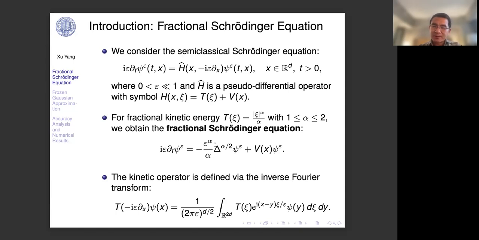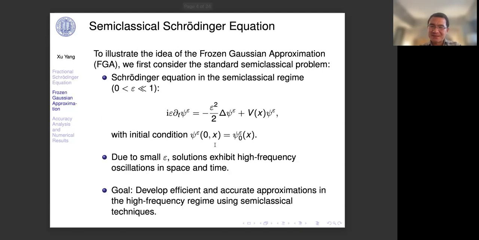Just in case you have never heard about Gaussian approximation before, this is a classic startup. We can talk about frozen Gaussian approximation for the classic Schrödinger equation. Basically, you approximate the wave function in the so-called semi-classical regime.